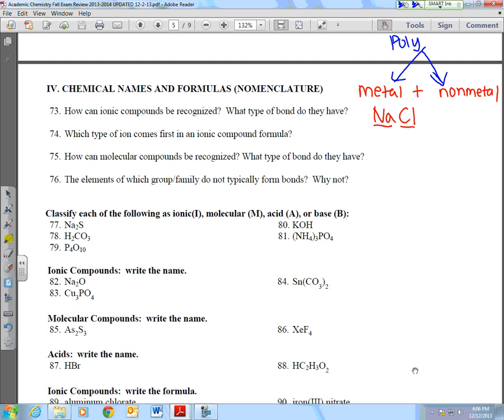It's still ionic. Do you see what I'm saying? So metal plus a non-metal is kind of the standard. And then remember that either one could be replaced with a polyatomic ion. And they have an ionic bond, original. That's the name of the bond. Does that make sense to you? Yes? Okay.